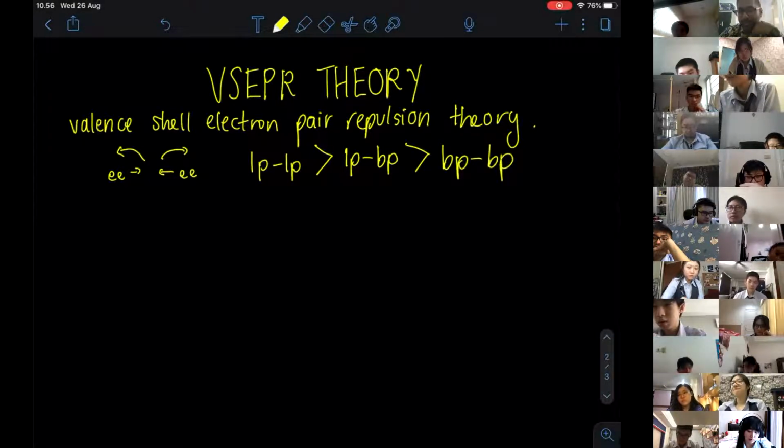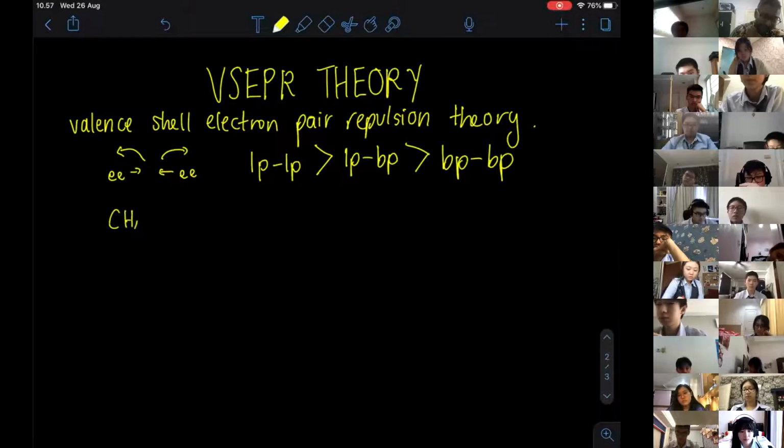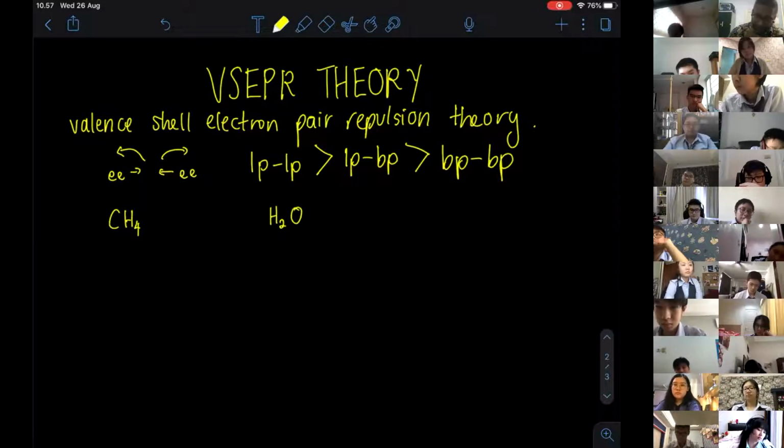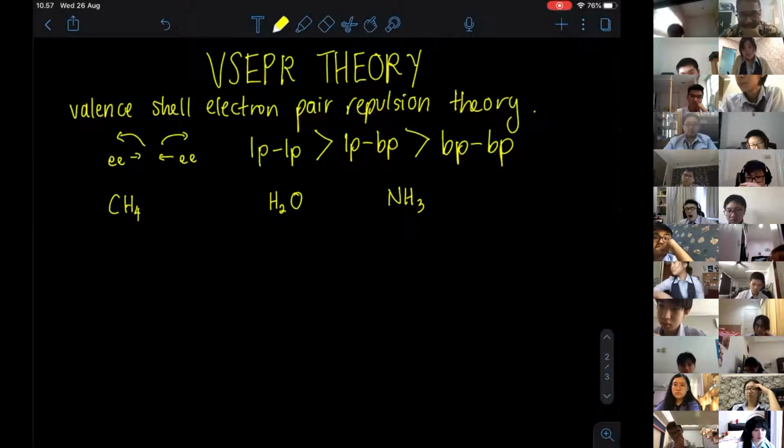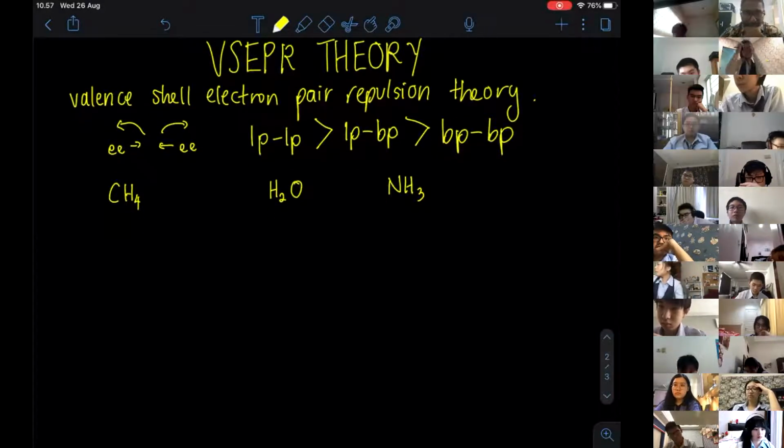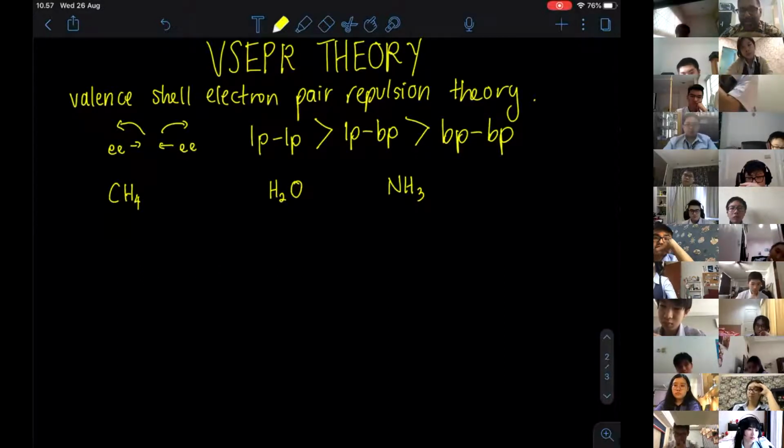Now, I can demonstrate this using the example CH4, H2O and ammonia. According to CH4, if I want to draw the structure, do remember the electrons like to rearrange themselves so that they are comfortable with their position.